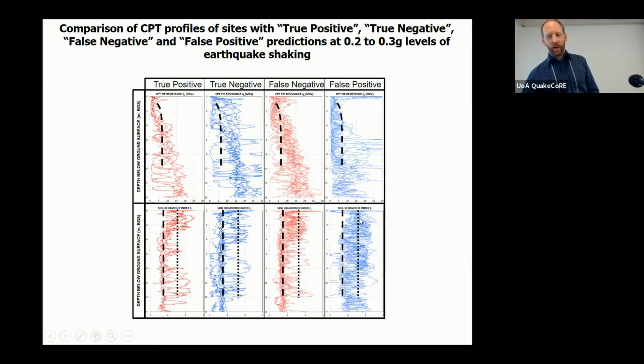And then when there is a lot of interlayering, that's when we're getting a lot of false positive or over-prediction. Being able to identify these factors then helps in a forward analysis sense, because if we can identify geological deposits that have those characteristics, we can then downgrade or reduce the predicted liquefaction potential in those areas.